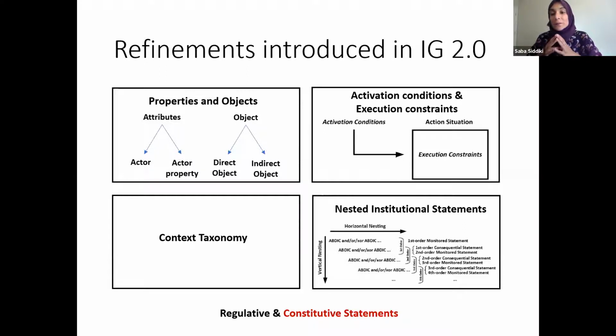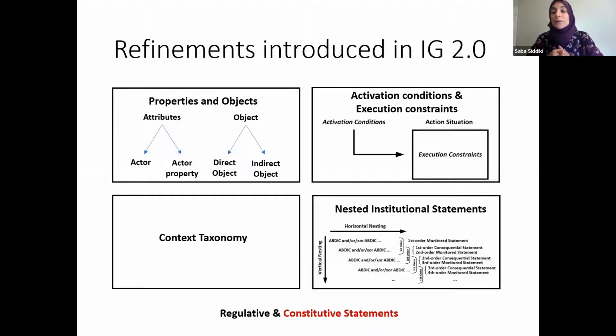We've made some refinements to the condition syntactic component of the original institutional grammar. We now replace the condition with a context syntactic component, and we differentiate two types of context. One kind of context clause we refer to as activation conditions, which are basically conditions that instantiate situations or settings in which the actions of statements take place.